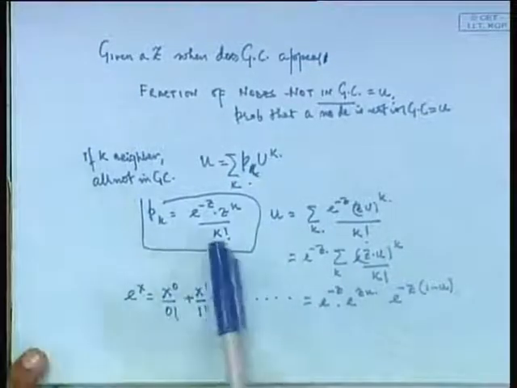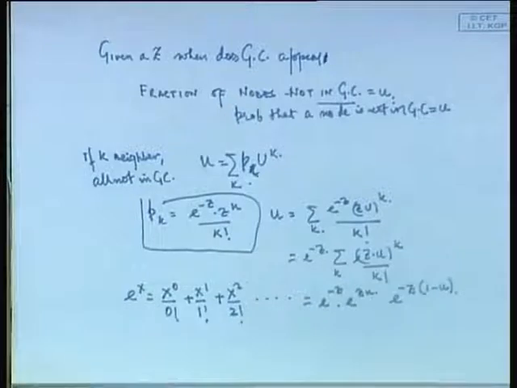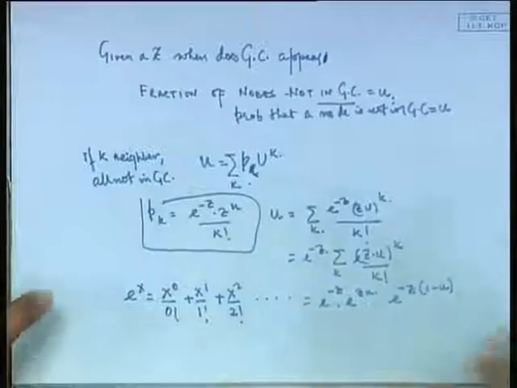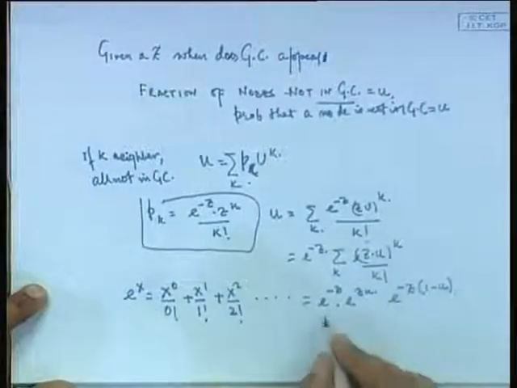We are talking about Erdos-Renyi graphs till now, and Erdos-Renyi Pk is this one. Any problem? Can I proceed?